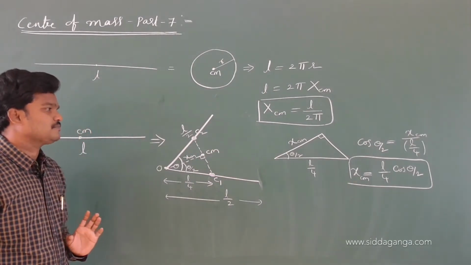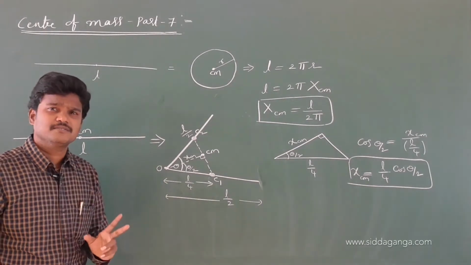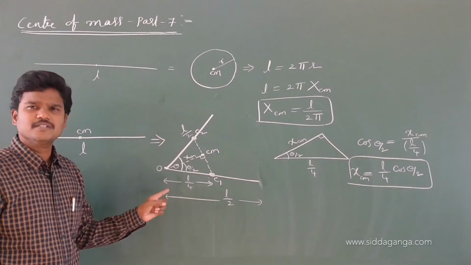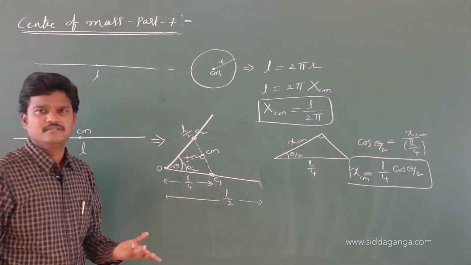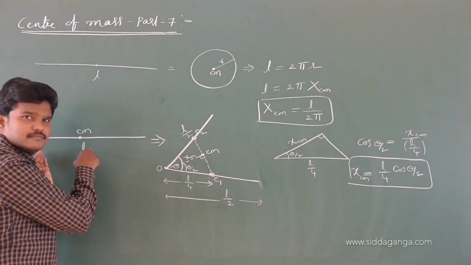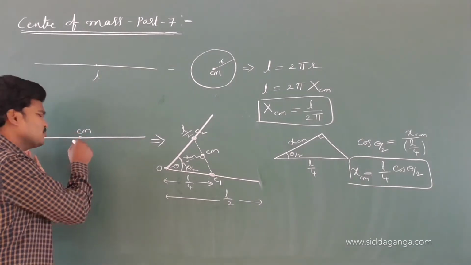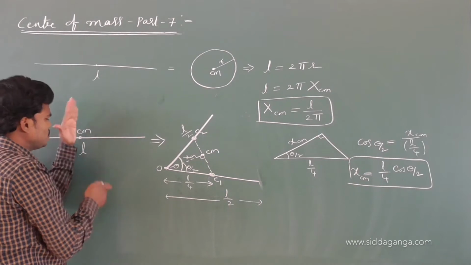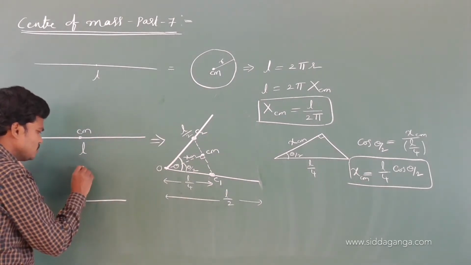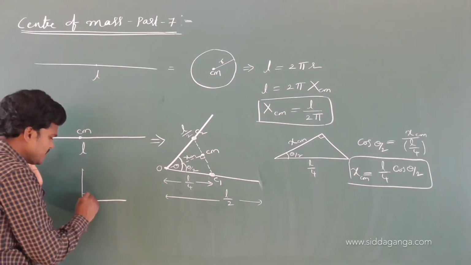First, suppose these two parts make an angle of 90, that is, the two parts are perpendicular to each other. There is a wire bent at the midpoint, you apply some force, bent at the midpoint such that the two parts look like this, then we can find it easily. If the two parts look like this, how much is the theta value?